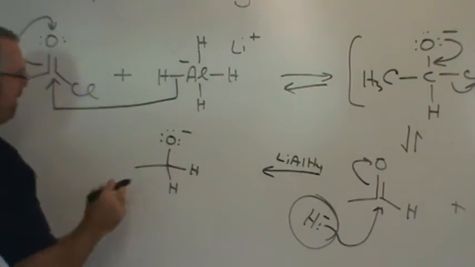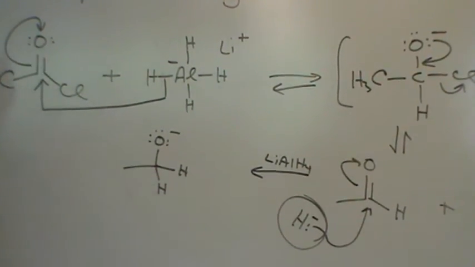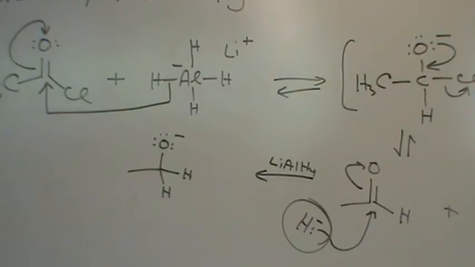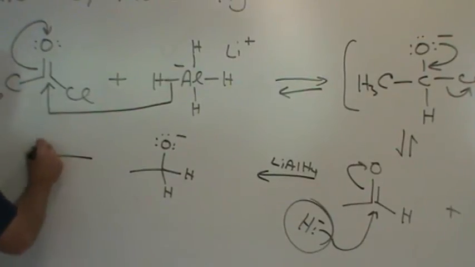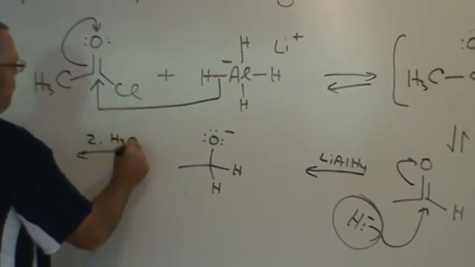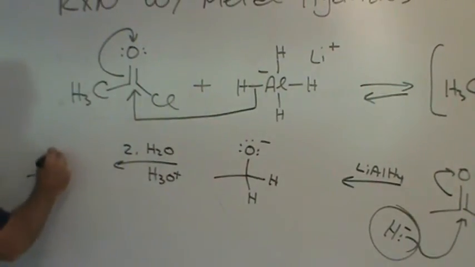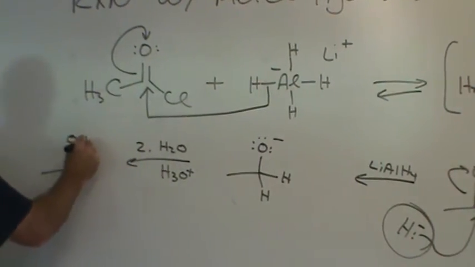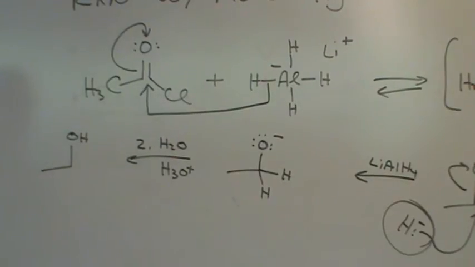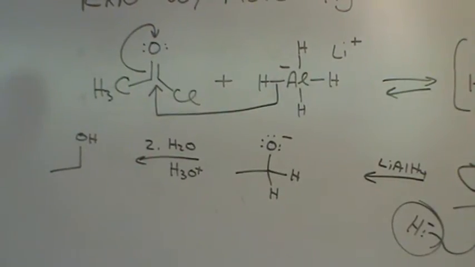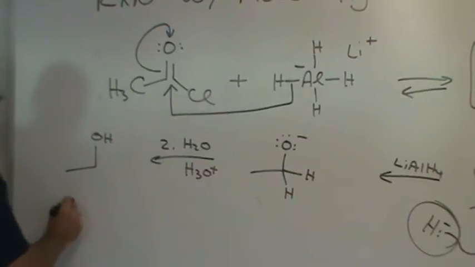Hydride is not a leaving group. Methide is not a leaving group. Those aren't going anywhere. This thing is stuck until, in a separate second step, we hit it with water and H3O+ in order to produce the corresponding alcohol, which in this case is just ethanol. A primary alcohol.